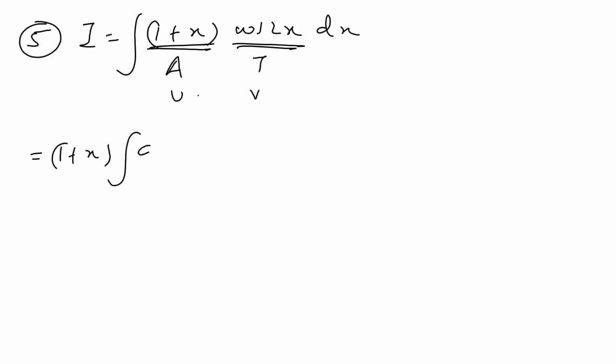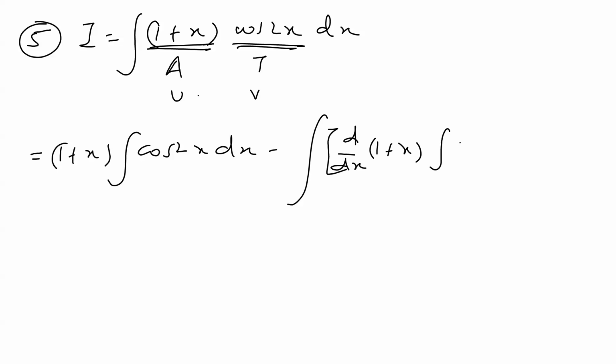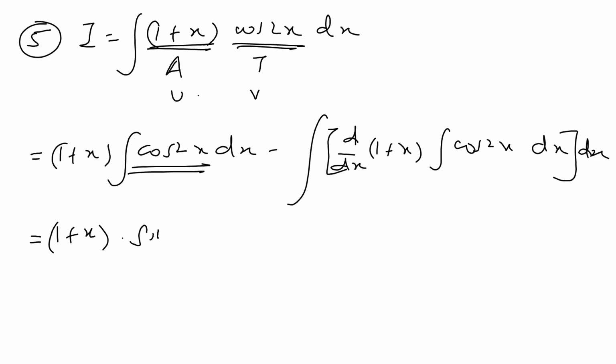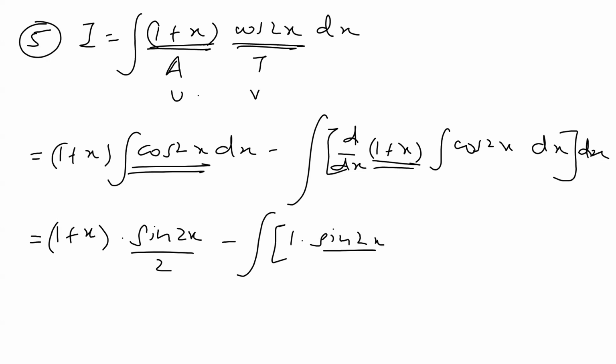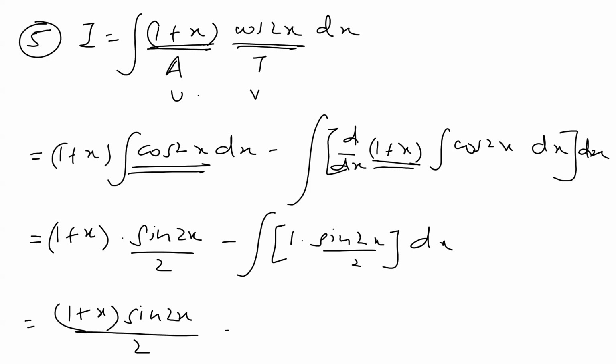So 1 plus x integration of cos 2x minus bigger integration d by dx of 1 plus x, integration of cos 2x dx, bracket close dx. 1 plus x, integration of cos 2x is sin 2x upon 2. Derivative of 1 plus x is 1, and this is sin 2x upon 2 dx.